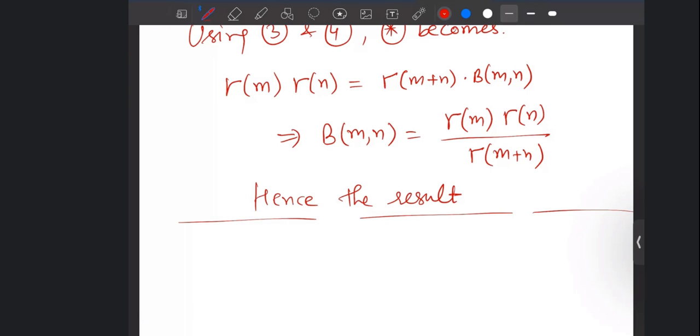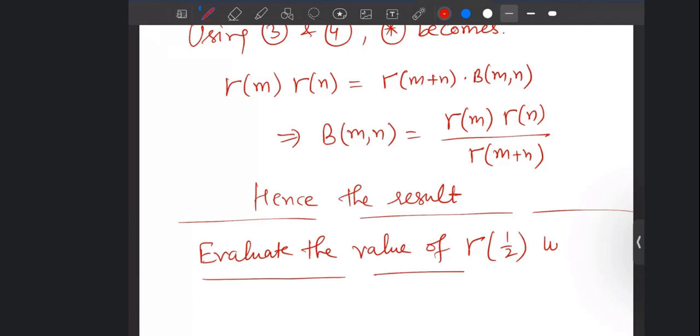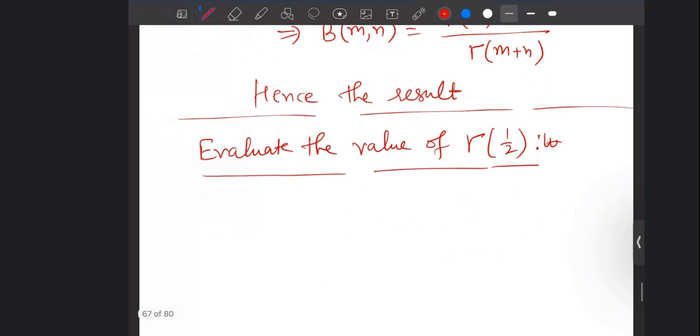That is, evaluate the value of gamma of 1 by 2 using this relation.